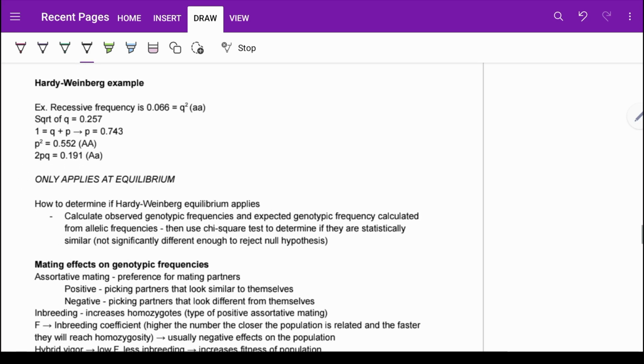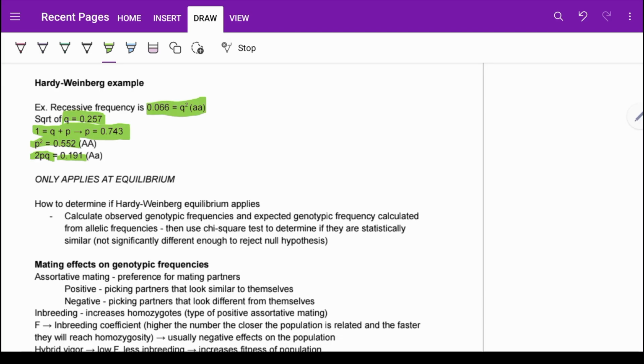We have a quick example of how we could find the other frequencies based on just one. We have a recessive frequency, and then we find the Q from our Q squared, and then we use 1 equals Q plus P to find P. Then P squared would be the frequency of capital A, and 2PQ would be the frequency of capital A lowercase a, and we already have the frequency of lowercase a.